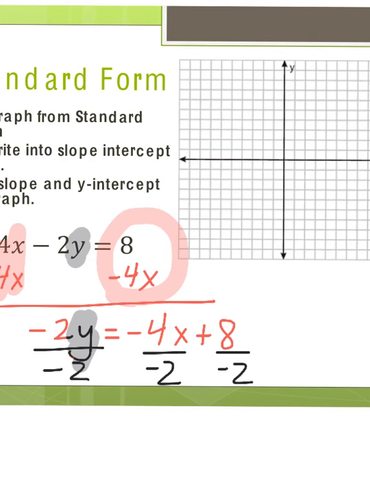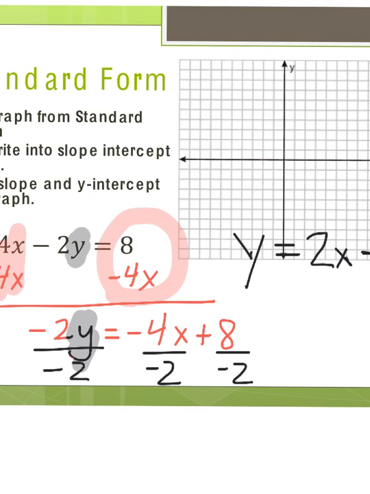Negative 2 divided by negative 2 is y, just what we're looking for. Negative 4 divided by negative 2 is 2x. Minus 4. If you remember on the previous slide, it had a y-intercept of negative 4 and a slope of 2. So it doesn't matter what method you use, you're still going to get the same thing.